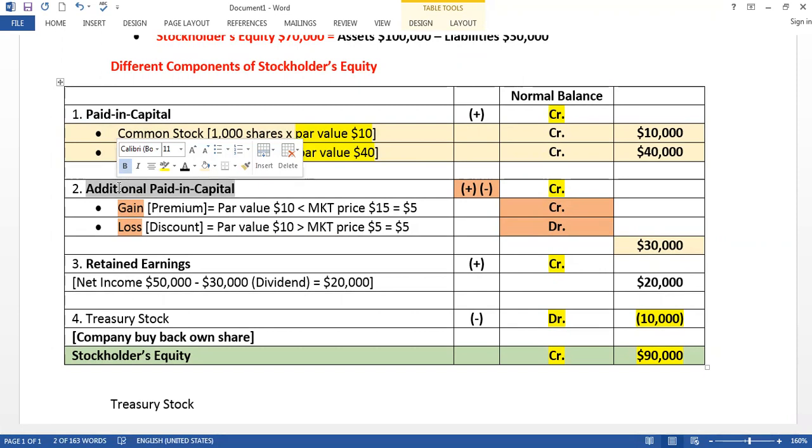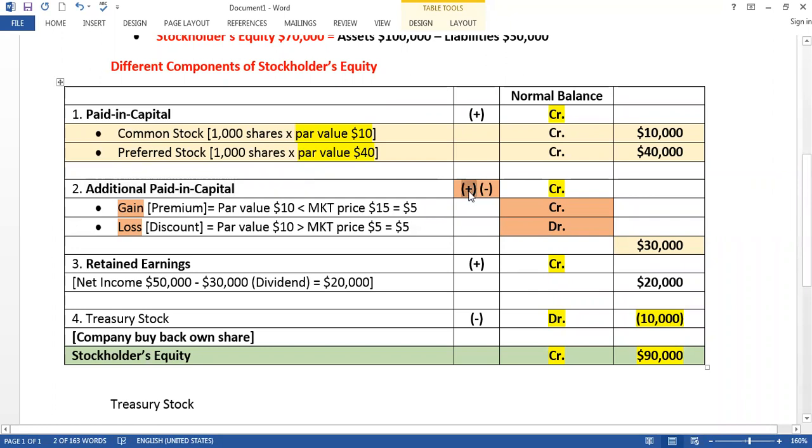For shares, we have only one account: additional paid in capital. Additional paid in capital is sometimes plus, sometimes minus. We record plus if we have a gain, and minus if we have a loss. Plus means it is credit and loss means it is debit. Clear?